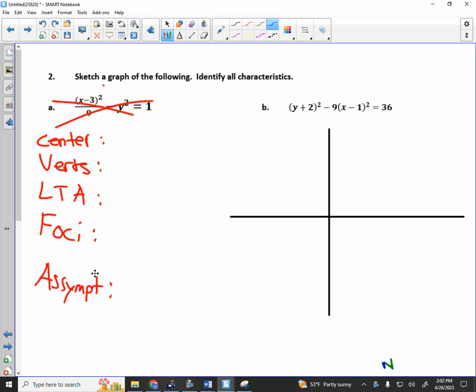I kind of did one for you. We did one together. Now this one should all kind of make sense. Letter B. What do you want to do first? Excellent. Divide by 36. I have y. Whoop, that was an x. Very similar to each other if you think about it.